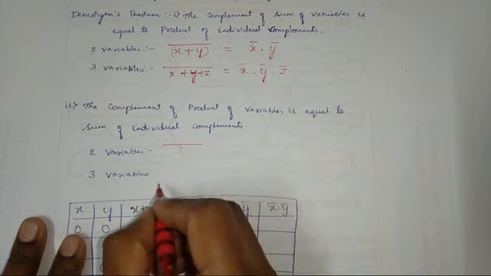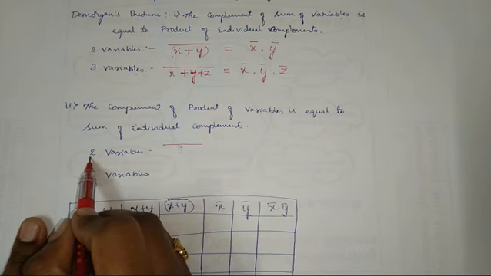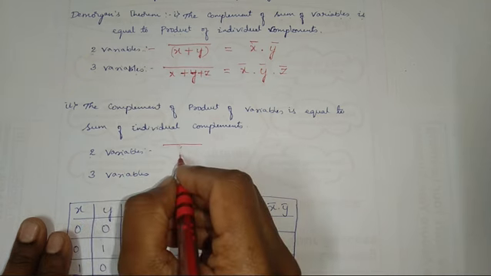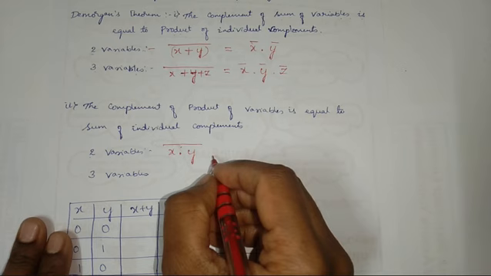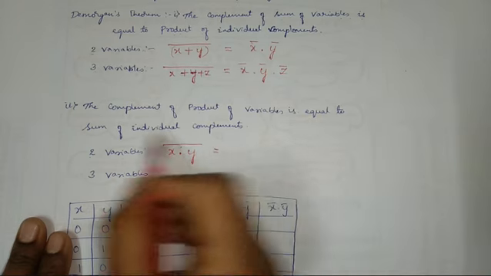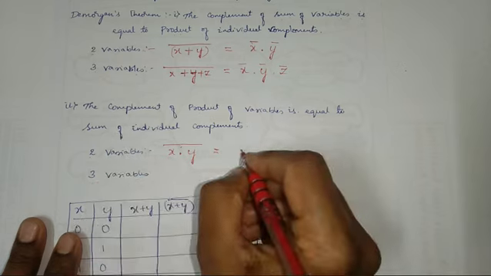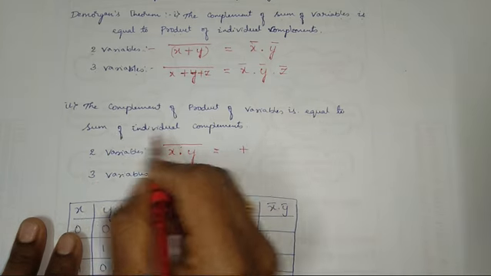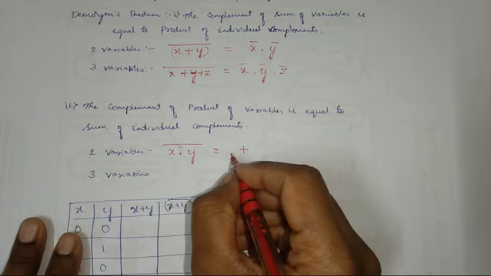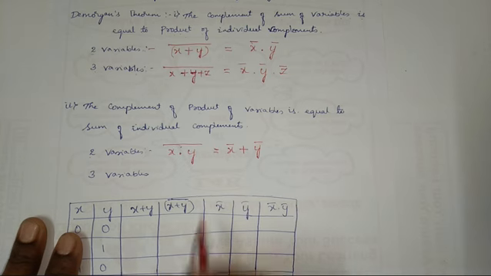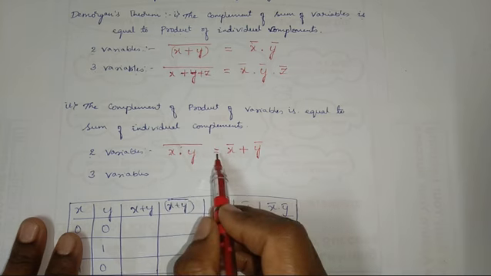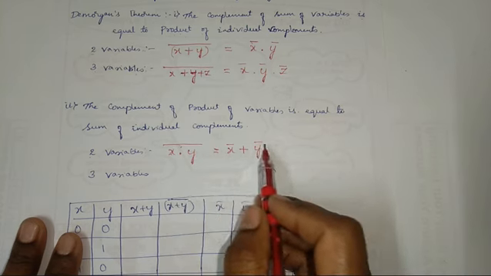How many variables are we taking here? Two variables. So x into y, is equal to the sum of individual complements, x bar, y bar. So x into y whole bar is equal to x bar plus y bar.